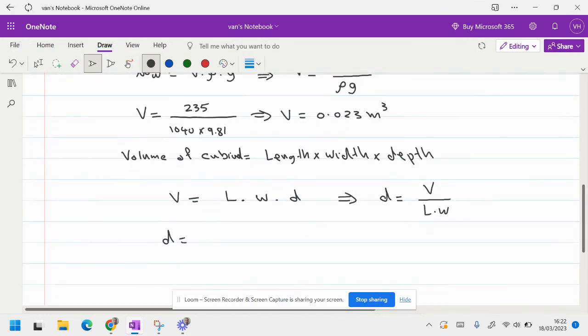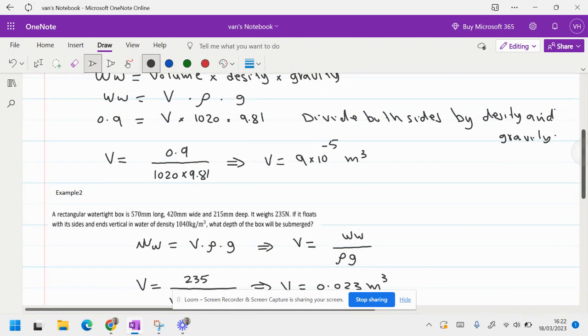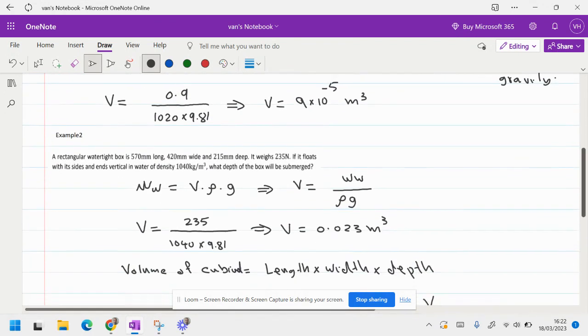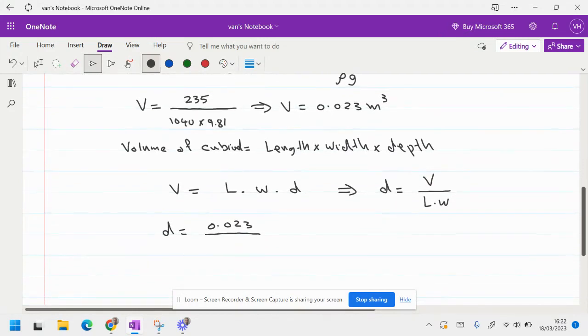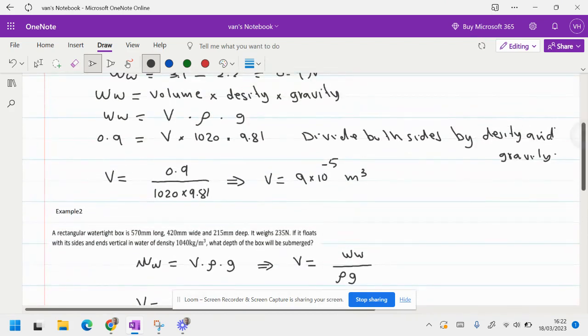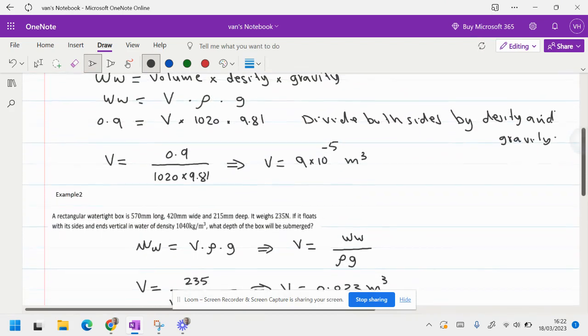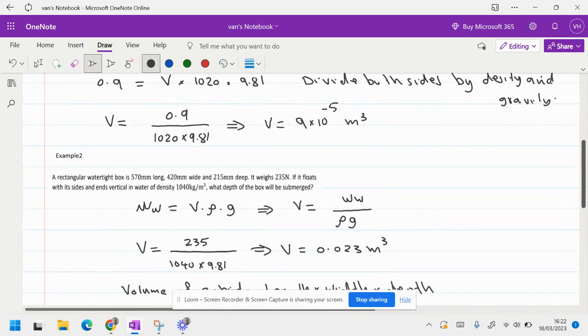Now I'm going to replace my numbers. The volume was 0.023, the length was, just to double check, 570 millimeters, so it's 0.57 meters, times the width, which is 420 millimeter, so 0.42 meters.